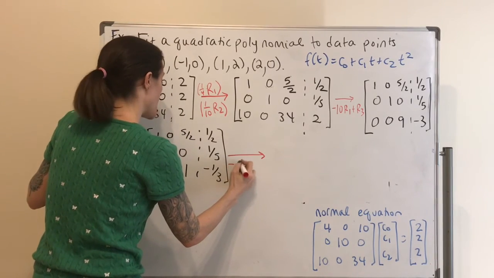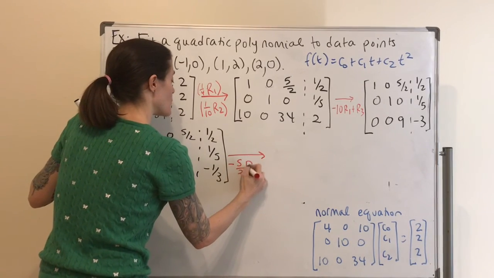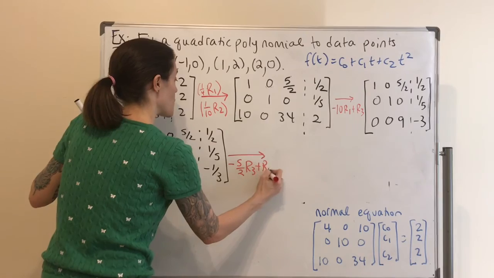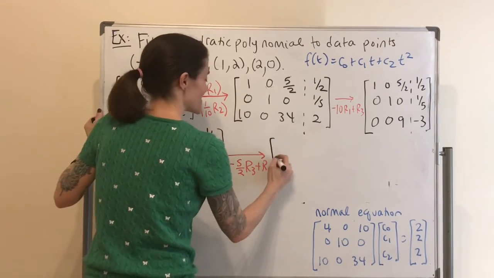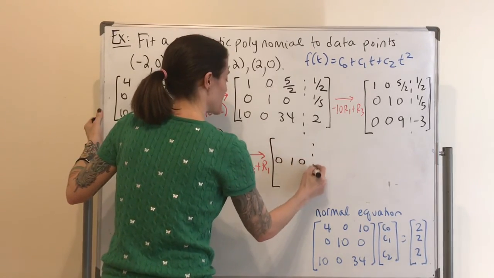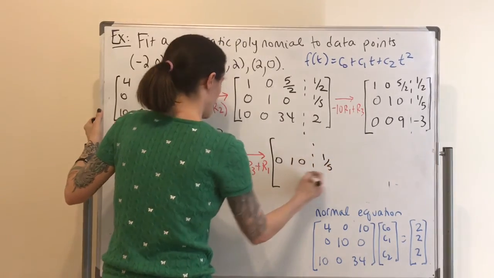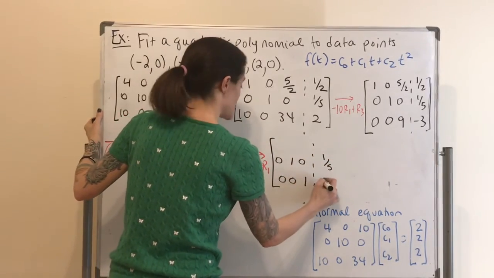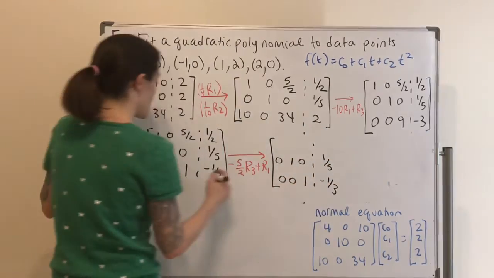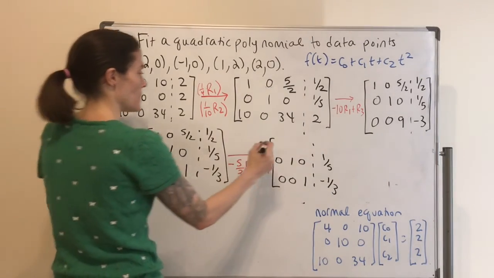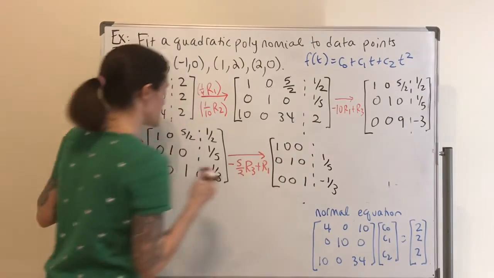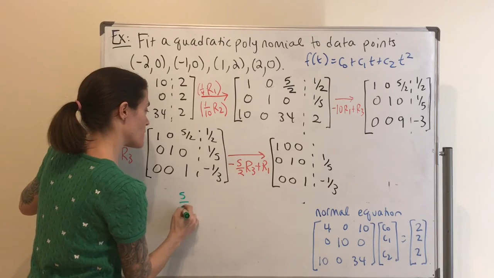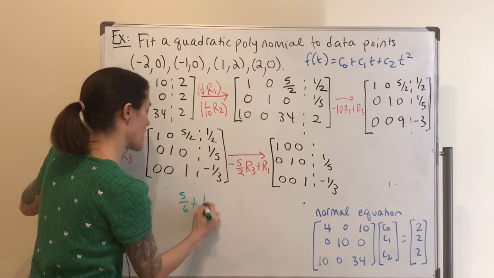I'm going to take minus 5/2 row 3, add it to row 1. Okay, so this remains the same. This remains the same. And this will be like this, but then this final one, 5/6 plus 1/2.